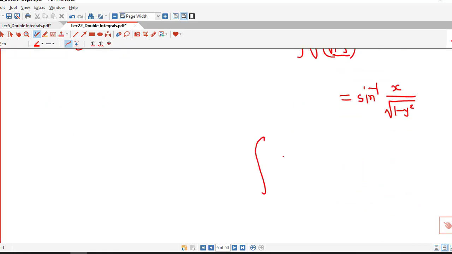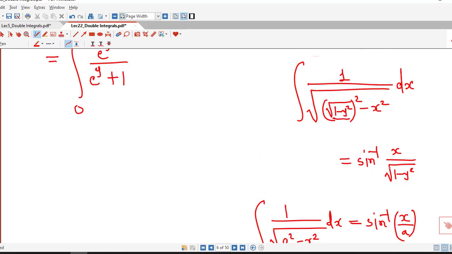We are using this formula: integral of 1 over square root of a square minus x square dx is equal to sine inverse x over a. So in this case the value of a is square root of 1 minus y square.